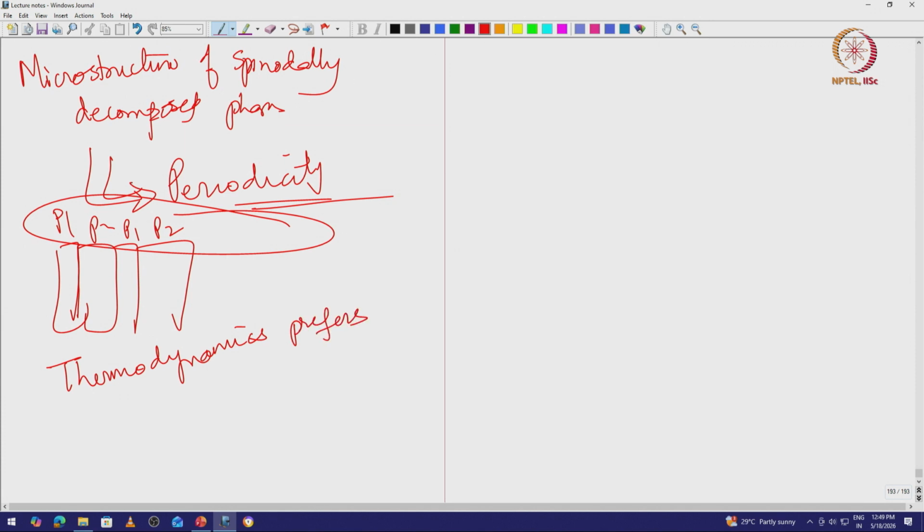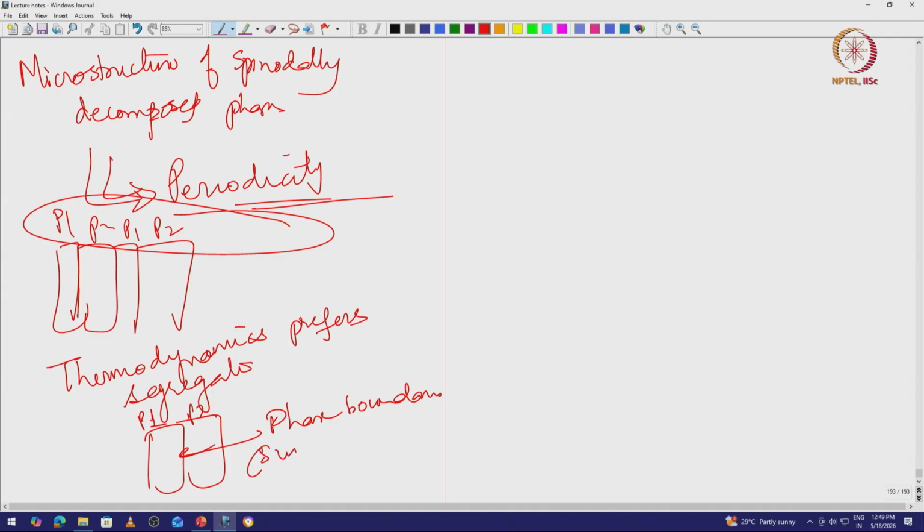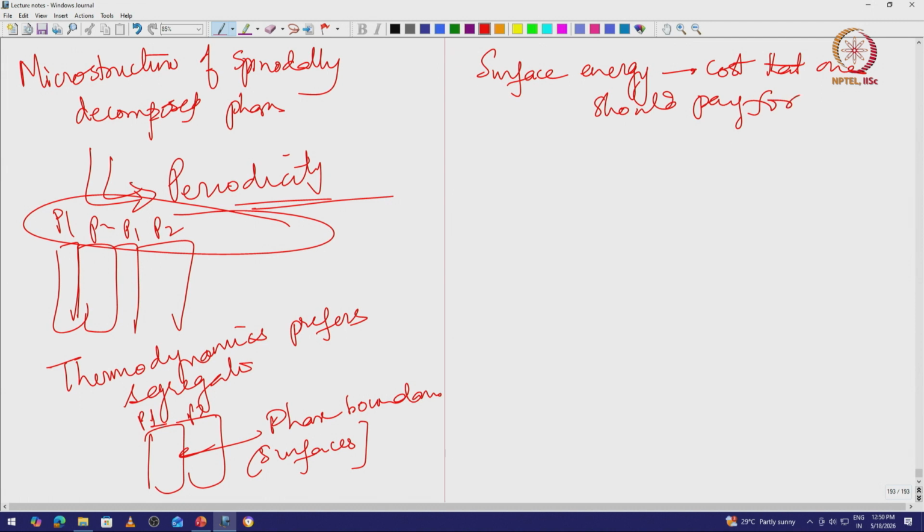Thermodynamics prefers segregation. But if I make P1 and P2 phases, what I am also creating is these boundaries, phase boundaries, which are surfaces. So, surface energy is the cost that one should pay for segregation.